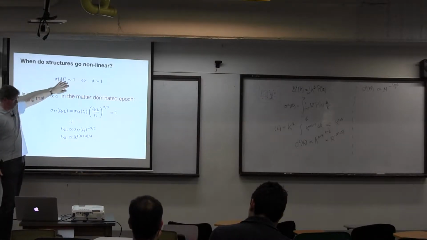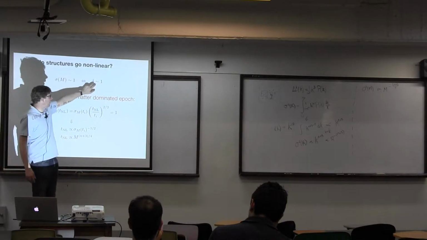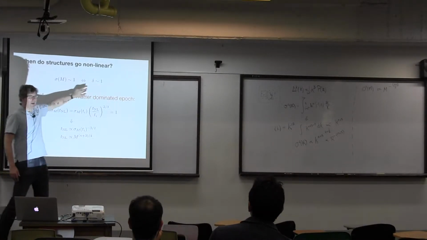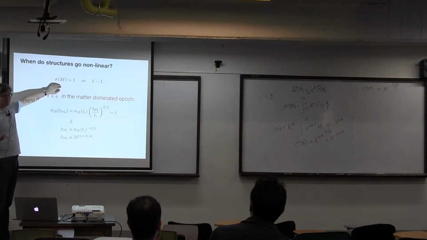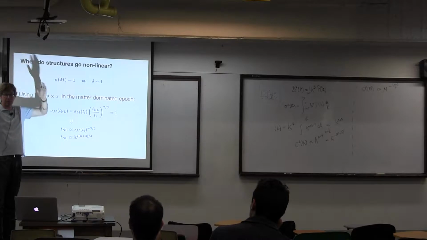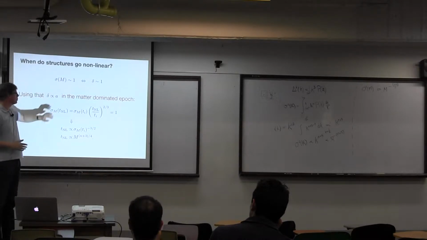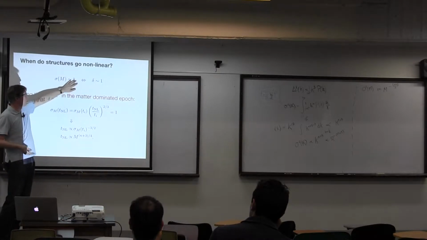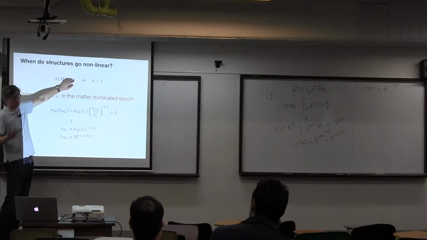So nonlinear happens when delta, the overdensity, is about 1. And there's a chance of that happening when the sigma, which determines the width of your Gaussian distribution, approaches 1. Okay, when this is 1, then you have one chance in 3 to have a perturbation that's greater than 1.